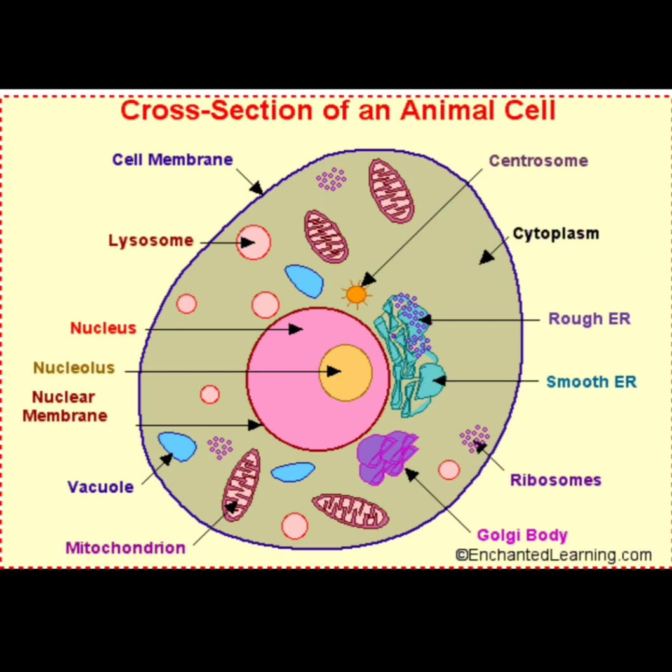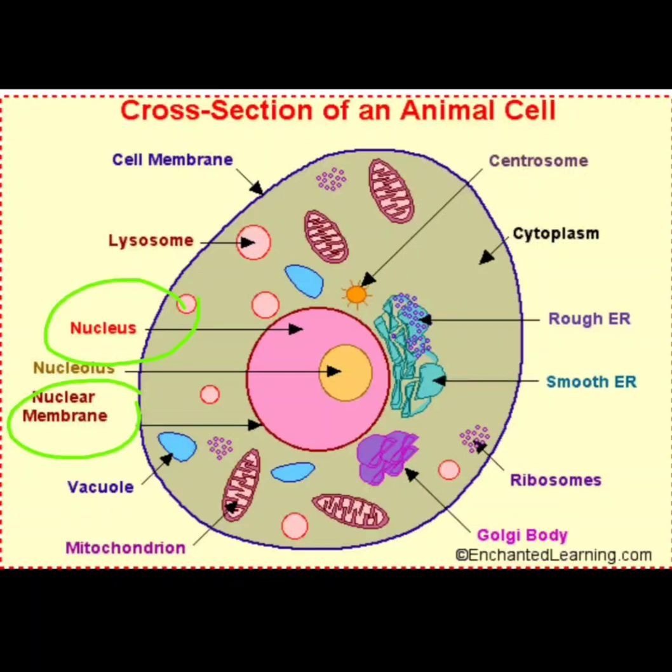Next is the nucleus. The nucleus is located in the center of the cell, and it is a very important part of the cell because it controls all the structures of the cell. The outer membrane of the nucleus is known as the nuclear membrane.